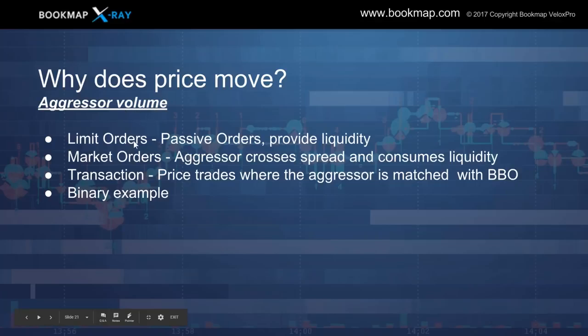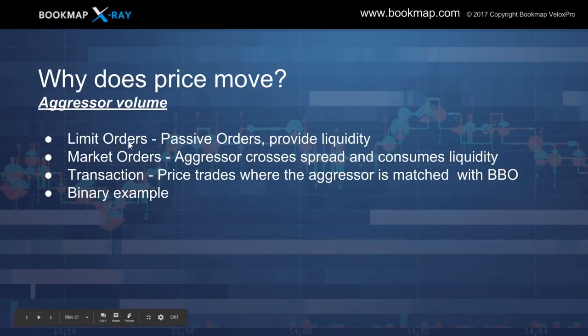We're talking about the limit orders; they're passive. They sit or they rest within the depth of market. They provide liquidity. They want to be buyers or sellers within those specific areas on the price ladder. Market orders, this is the aggressor. They cross the spread and they consume the liquidity in the depth of market.